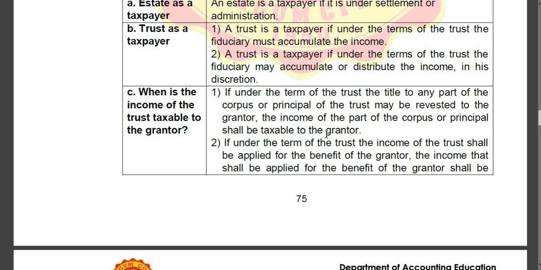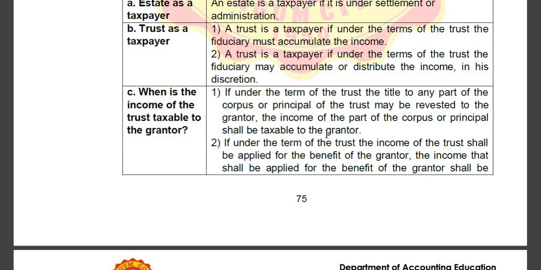So whatever income of the corpus or principal of the trust that will revert to the grantor shall at the same time be taxable to the grantor. So if the grantor receives a portion of the income of the corpus or of the principal, then such income received by the grantor is taxable to the grantor or to the original owner.